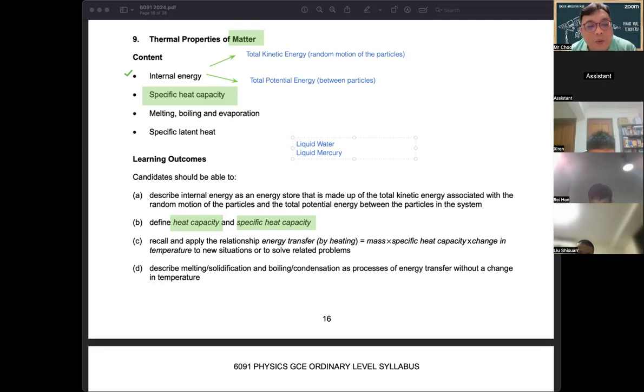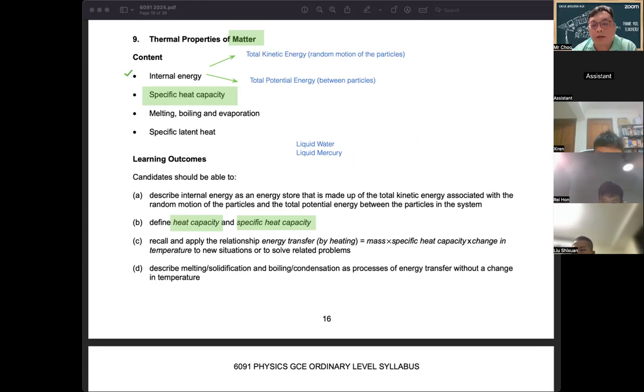When you prepare hot water to shower, the amount of energy needed to raise the temperature of 1 liter of water versus 10 liters of water, which one will require more energy? Write it down in the chat. Which amount of water will require more energy to raise the temperature by the same temperature?